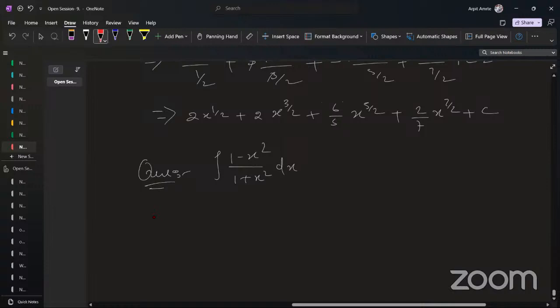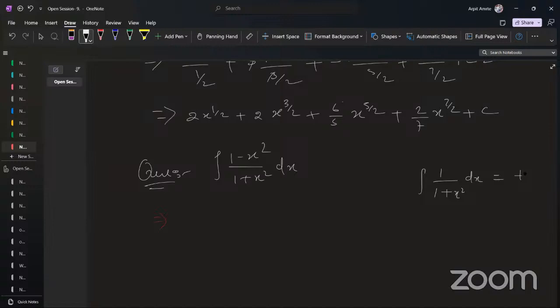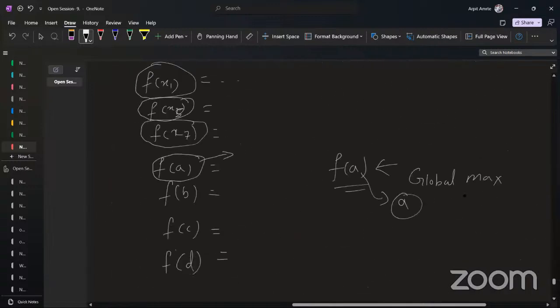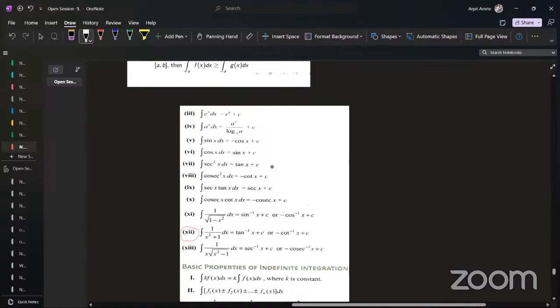Now how will we see this kind of question? See, here as you can see, I have this formula, 1 by 1 plus x square dx. This is tan inverse x, right? Everyone, we have this formula now. I have pasted it here. See?